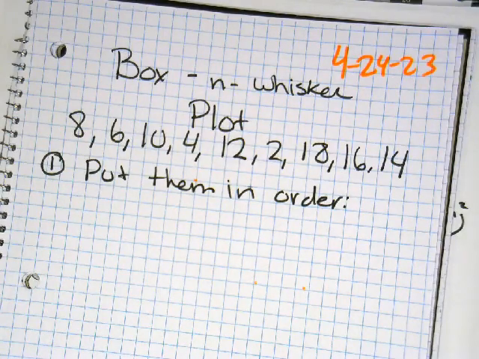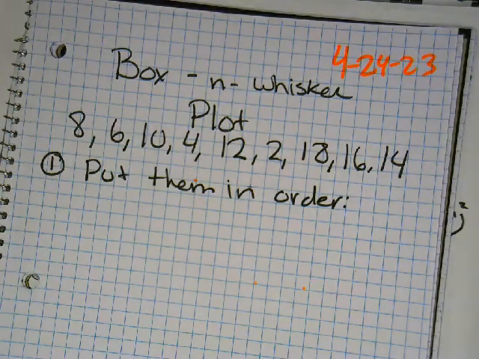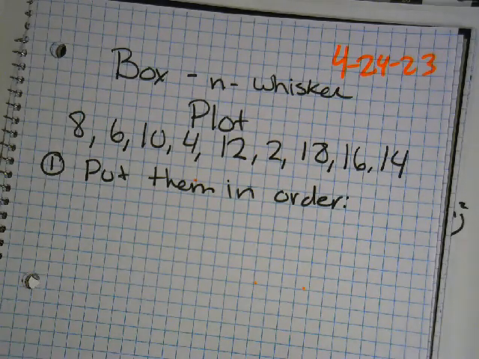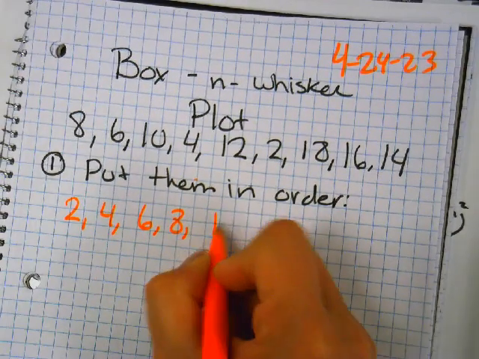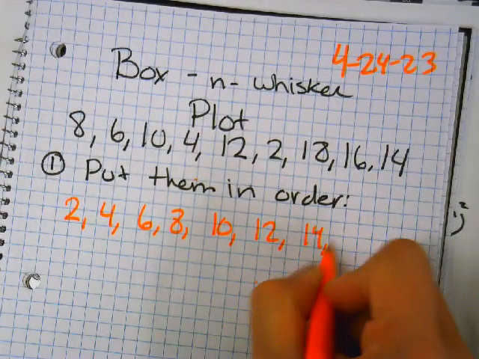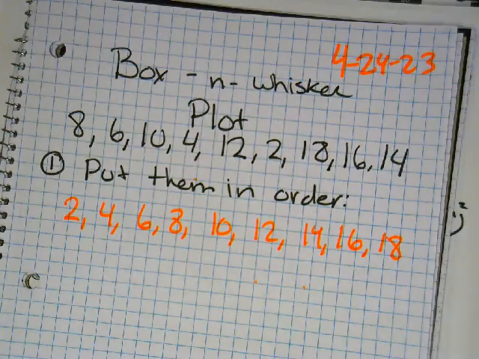Okay, so go ahead and put them in order. 1, 2, 3, 4, 5, 6, 7, 8, 9. 9 numbers. 2, 4, 6, 8, 10, 12, 14, 16, 18. Wonder if I did that on purpose.